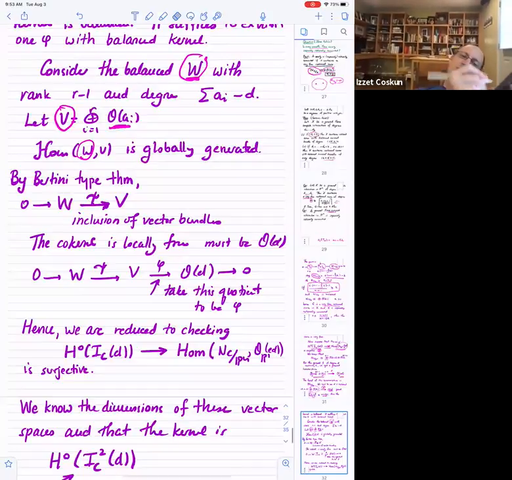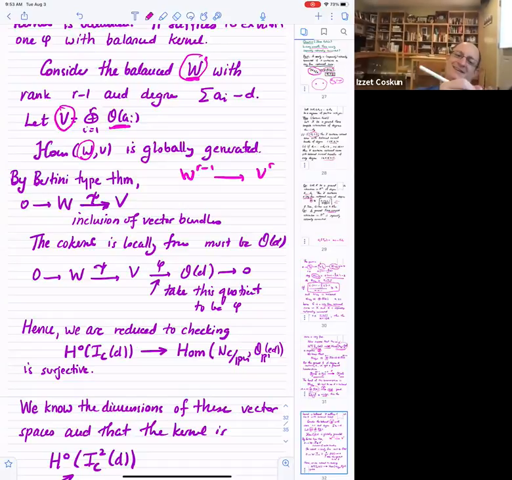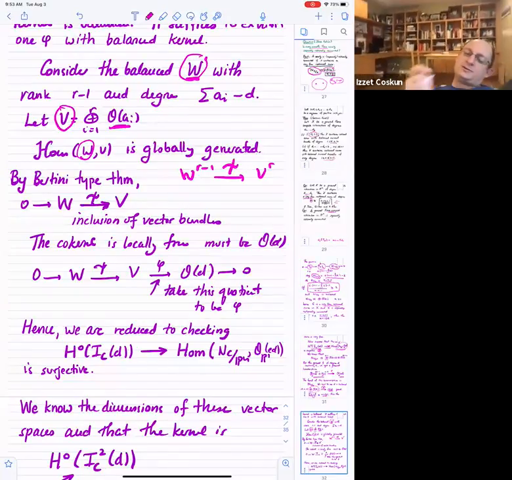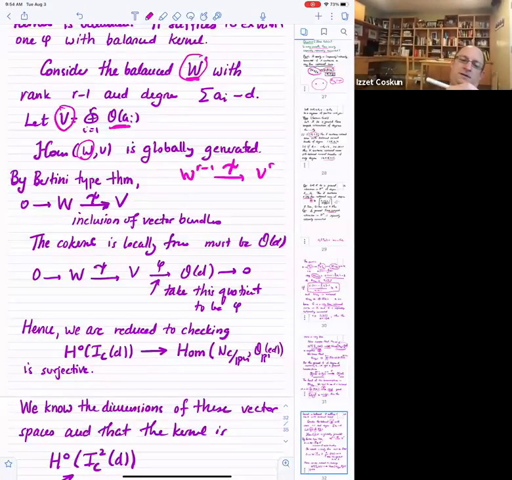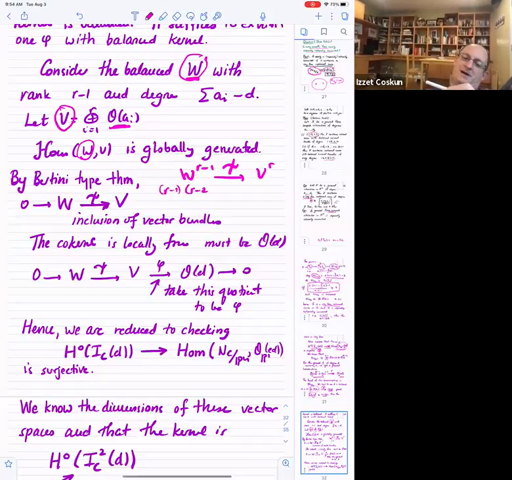So you have your W here, which is of rank r minus 1, mapping to this V. So I have the general psi. When does it drop rank? It drops rank so that the rank becomes r minus 2. It's r minus 1 minus r minus 2.